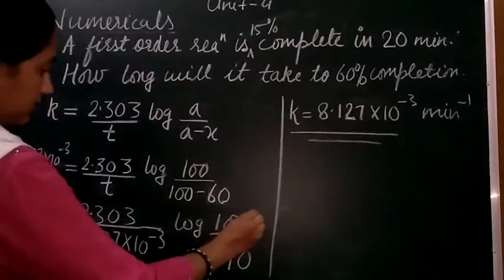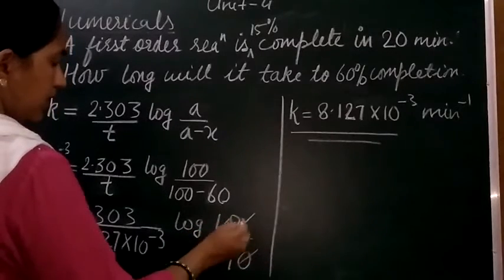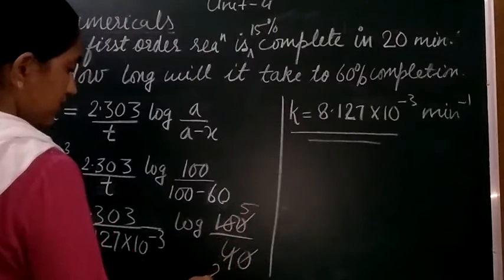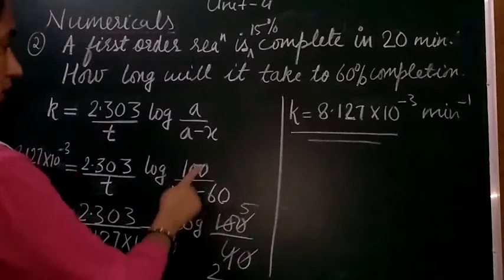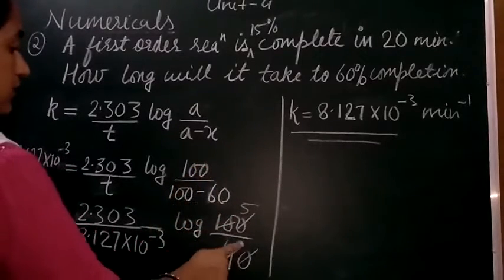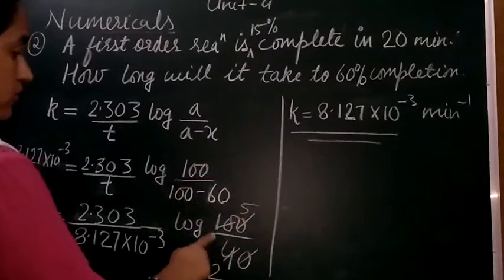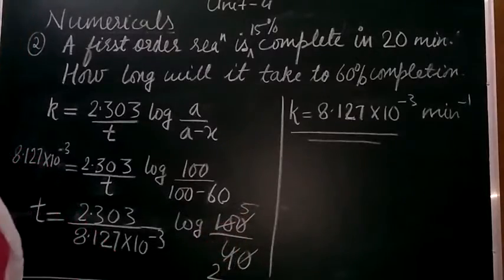You can just solve it. Log 100 minus 60, we have got 100 upon 40, so you can get log 10 upon 4, which becomes log 5 upon 2. You can cancel it, 5 and 2.